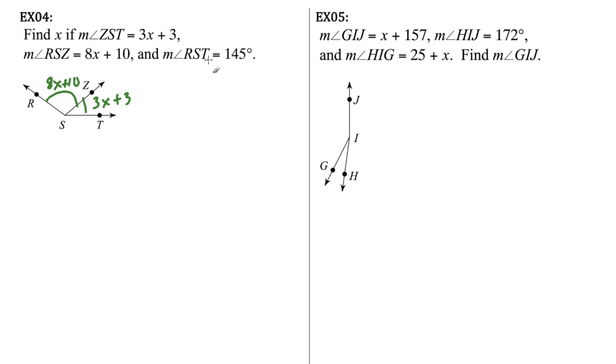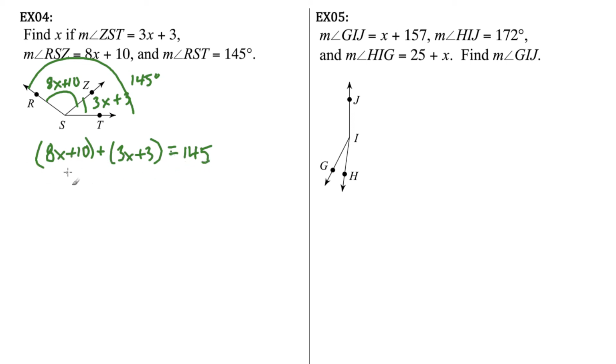And the measure of RST, this whole thing, is 145 degrees. All you do is take 8x plus 10 and add 3x plus 3. You get 145 degrees.